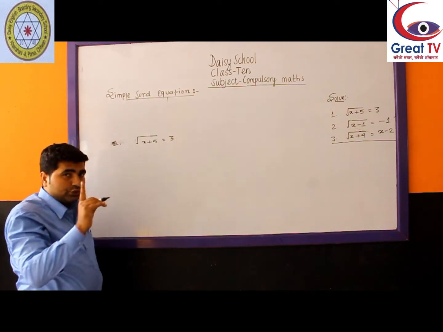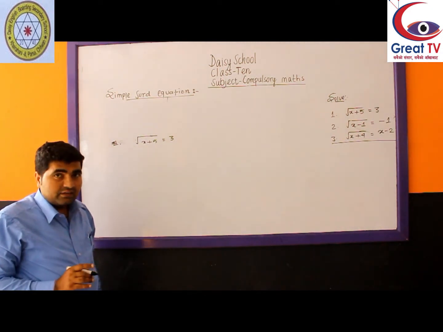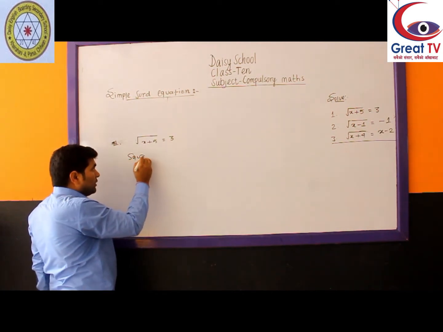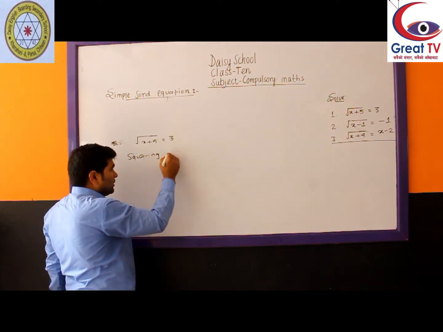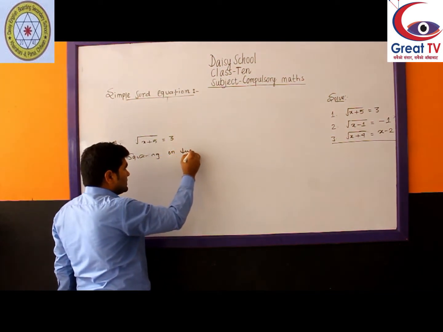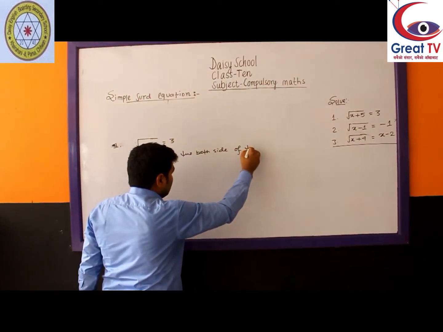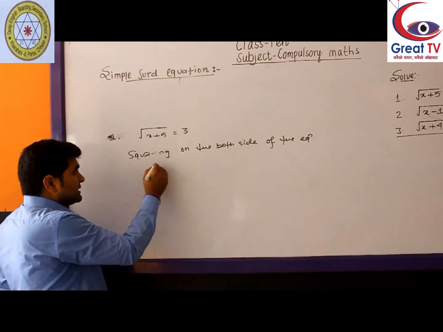Here there is nothing written, that means 2. 2 is the order of the surd. In that case we can square on both sides of the equation.